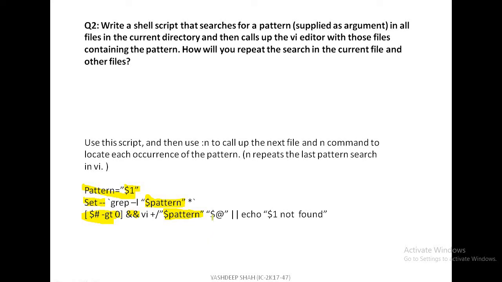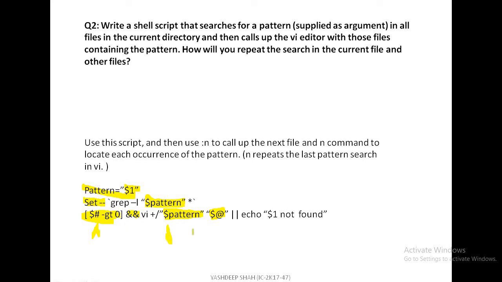And here the $@ is used as an argument of a string, that is, whatever we write in $@ is executed as a specific string. If this executes, then only this will execute.